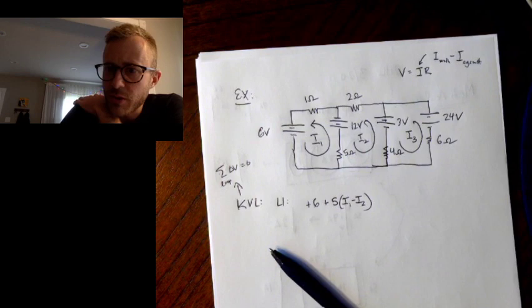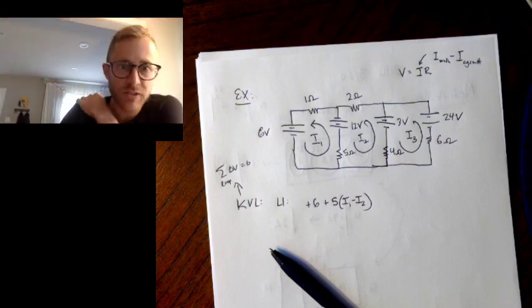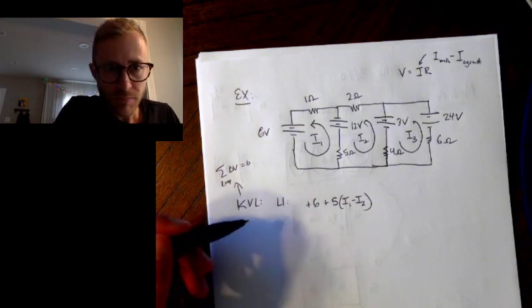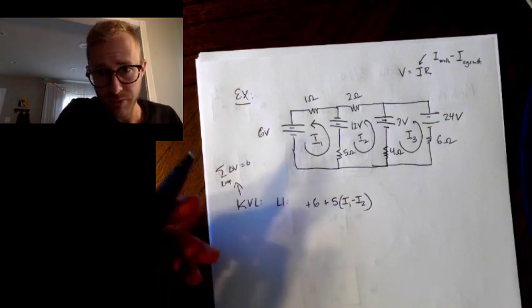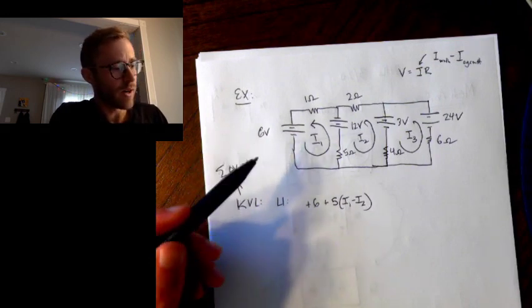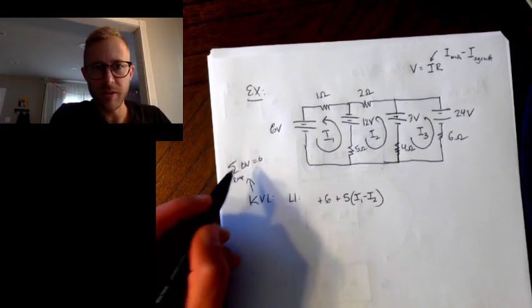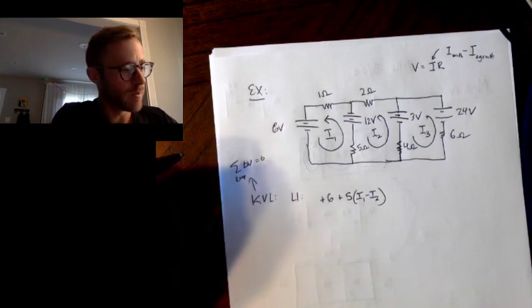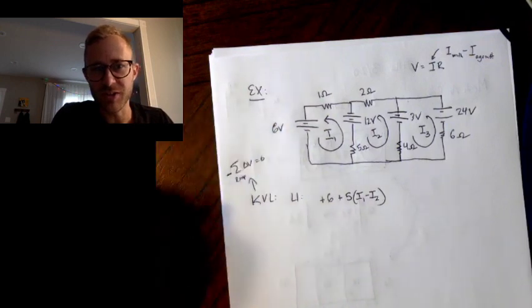Zach asked a really good question, which was, shouldn't it be minus 6 volts here? And yes, if I was writing it in terms of drops, then yes. Basically, if the sum of the voltage changes around a loop equals 0, then minus the sum of the voltage changes also equals 0.